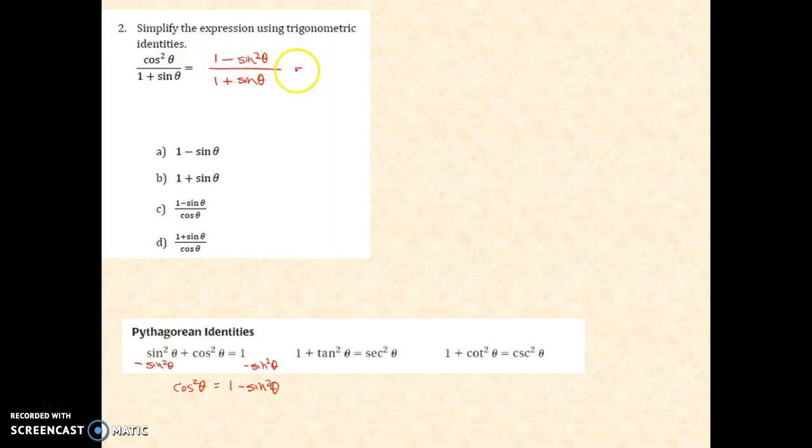But what's nice is that 1 minus sine squared theta is a difference of squares. Just like in Algebra 1 when you factored x squared minus y squared, and that was x plus y times x minus y. Same thing happens here. This factors into 1 plus sine theta times 1 minus sine theta.